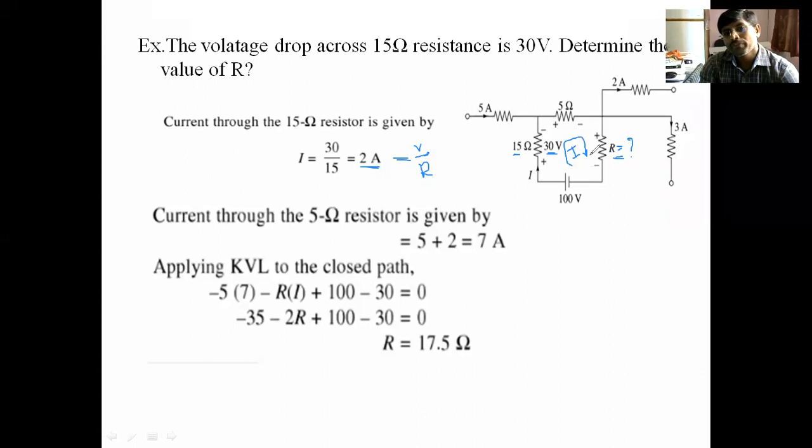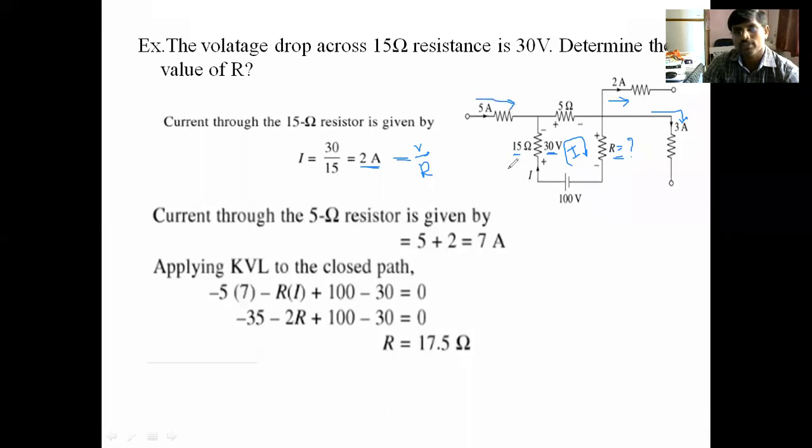Before going to that, there are other terms also. Some 2 amps is flowing like this and 3 amps is flowing like this. This is moving away from the circuit. Whereas if you come to the left side, some 5 amp is coming into the circuit.